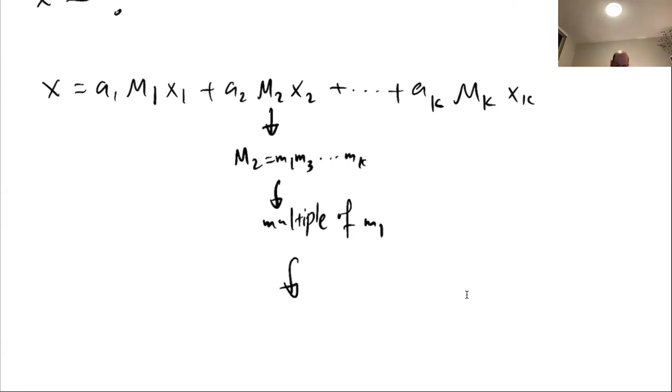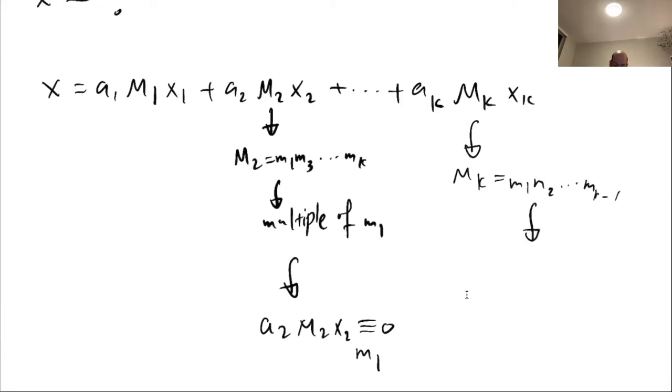So that means A2 M2 X2 is 0 mod M1. Similar reasoning for this one: capital MK is M1, M2, up to M(K-1), again a multiple of M1, and therefore this number is 0 mod M1.